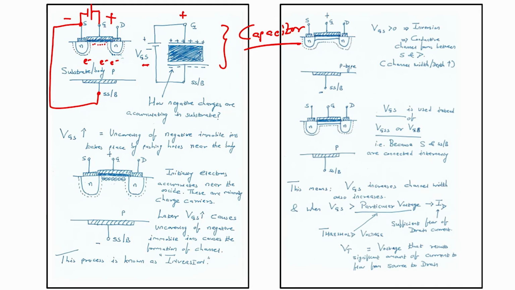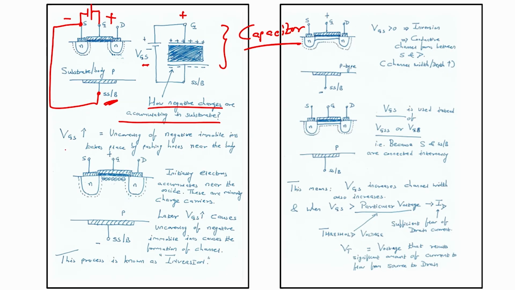They get attracted towards the gate because the gate is at a positive voltage with respect to the substrate. So, negative charges would be here, and a channel would be formed. Now, there is a question: how is negative charge accumulating in the substrate? Negative charges accumulate in the substrate, because you see here we have given a detailed understanding.